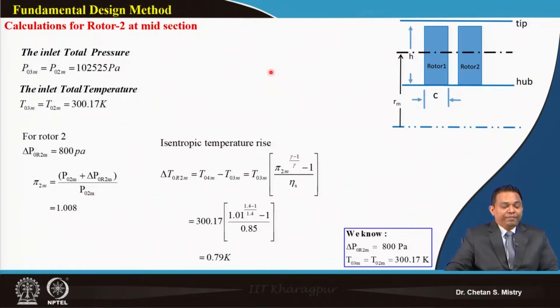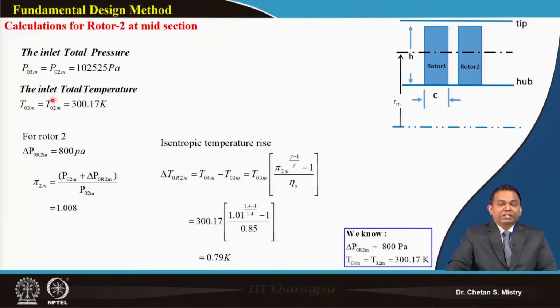So my inlet pressure P03 is equal to P02, and in the same way the temperature T03 at the mid station is equal to T02. Station 2 represents the exit of rotor 1, and station 3 represents the entry of rotor 2.